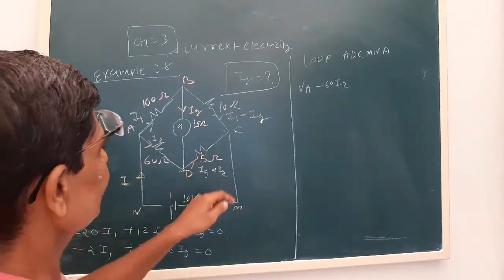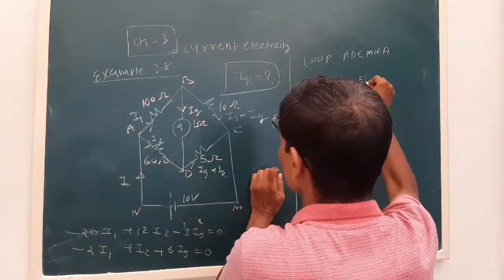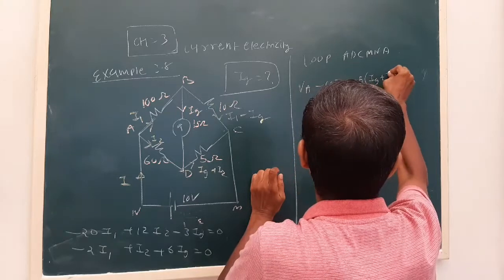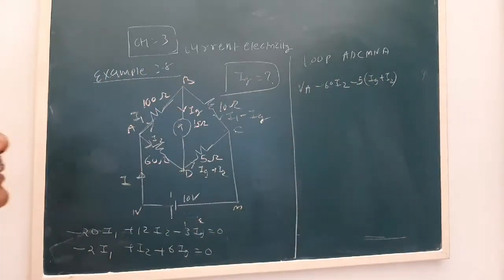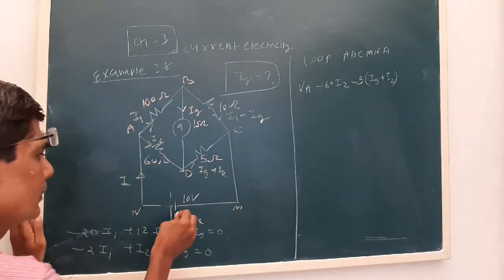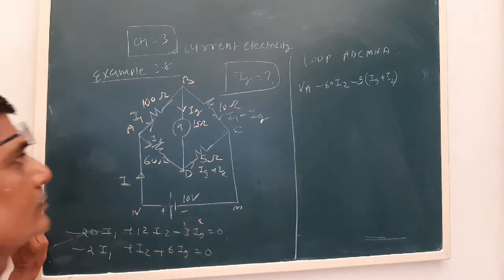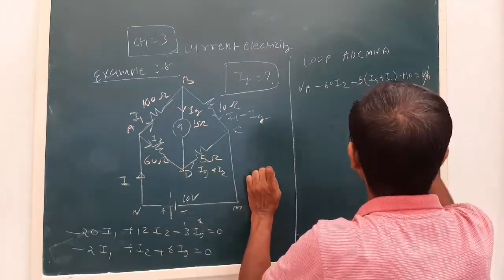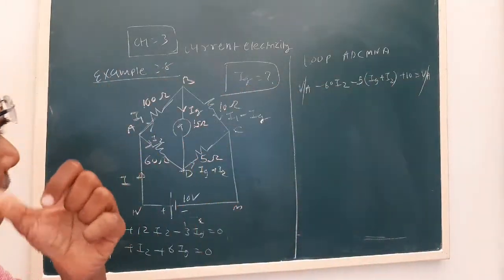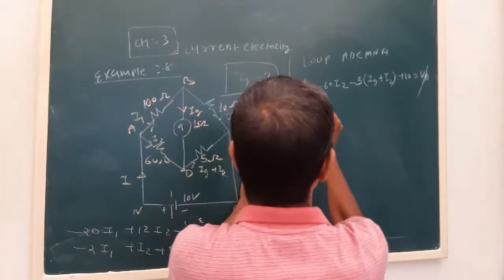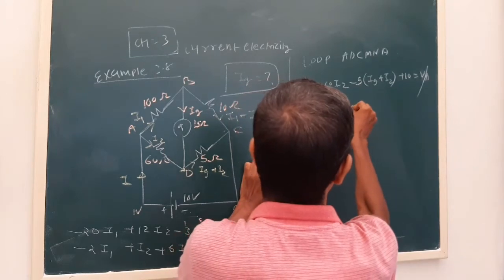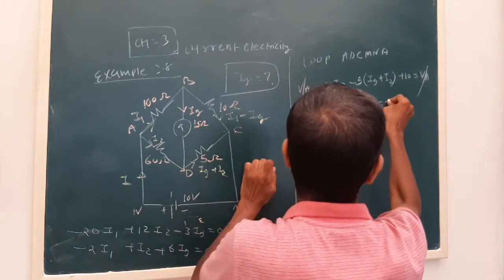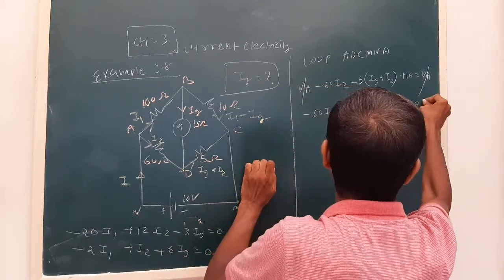Then in DC minus 5 times Ig plus I2. Now minus to plus of the battery, so plus 10. So minus 60 I2 minus 5 Ig minus 5 I2 plus 10.